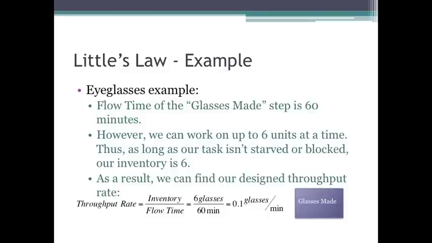As a result, we can find our designed throughput rate for that step. And again, the design throughput rate is the throughput rate through that step in the process if it is not being blocked or starved by anything else, if it has as much work as it possibly needs. Well, in that case, the throughput rate is inventory divided by flow time. It's equal to 6 glasses divided by 60 minutes, or 0.1 glasses per minute.